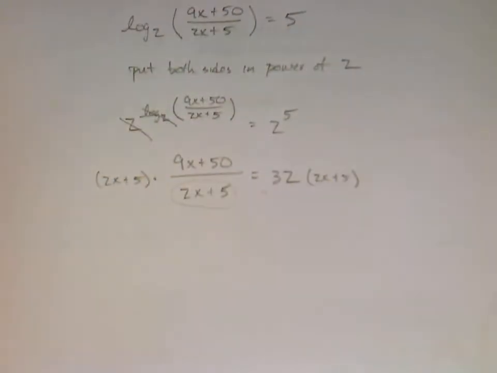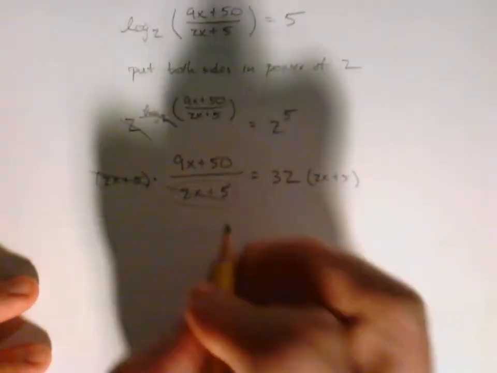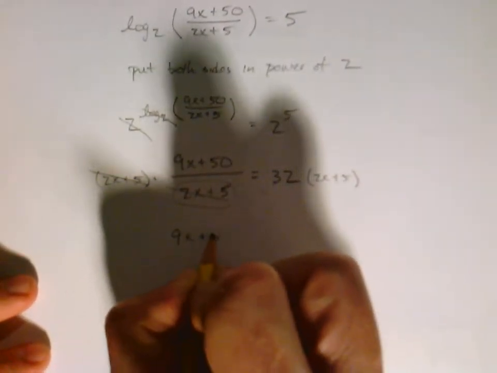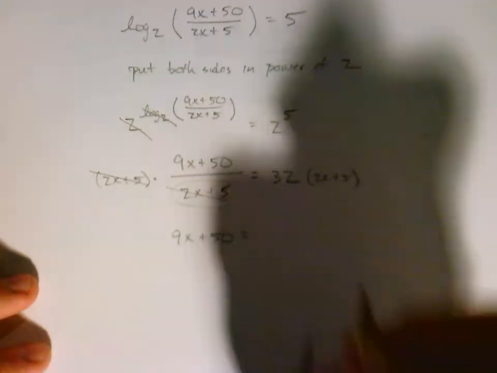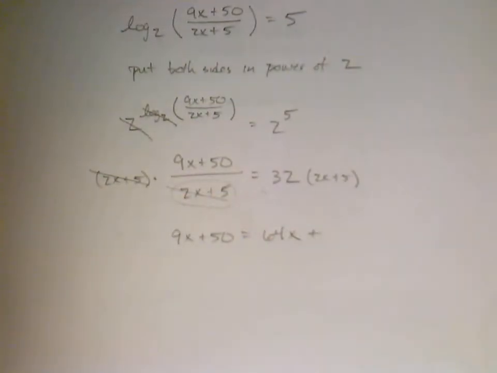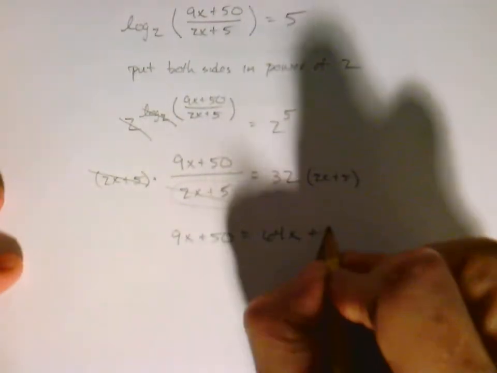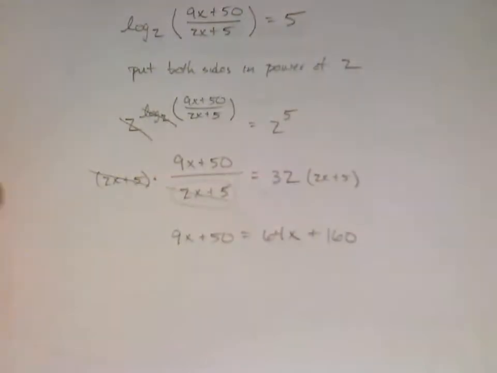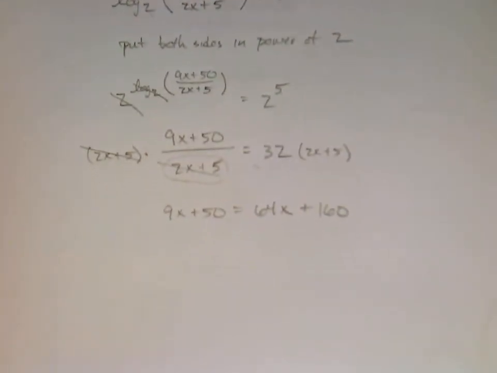If I multiply both sides by that, they cancel out over here. And I've got 9x plus 50 equals 64x plus 160. And now that's going to be much easier to solve.